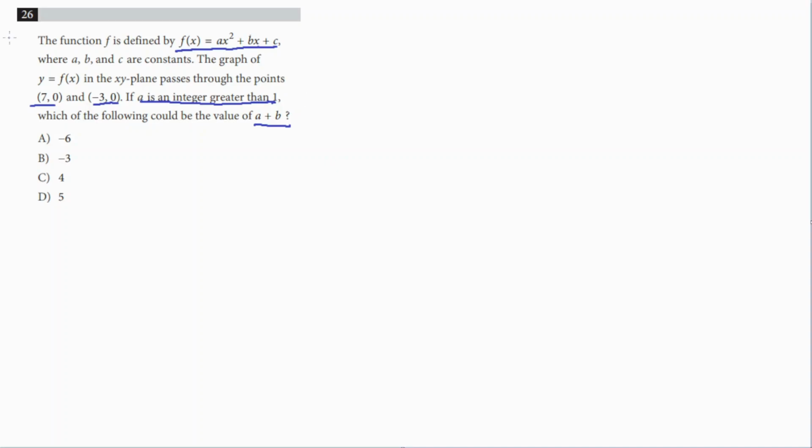Like I said, we're going to first want to plug in 7. So let's do that. We got f of 7 is going to be 49a from plugging in a 7 squared, plus 7b plus c. And then f of 7 is 0 because it's given to us as the y value.